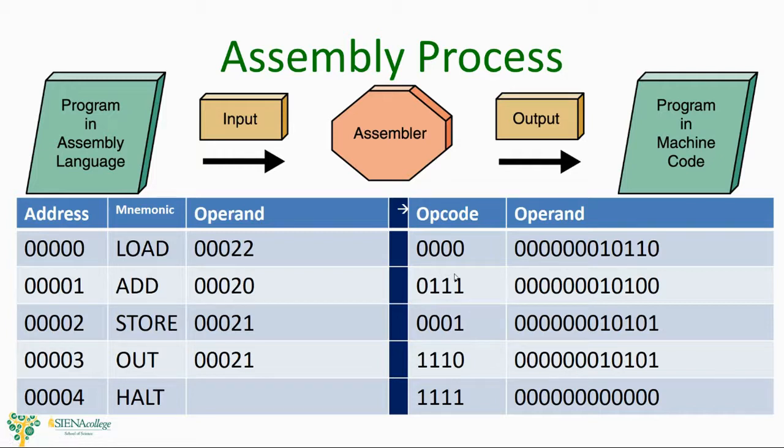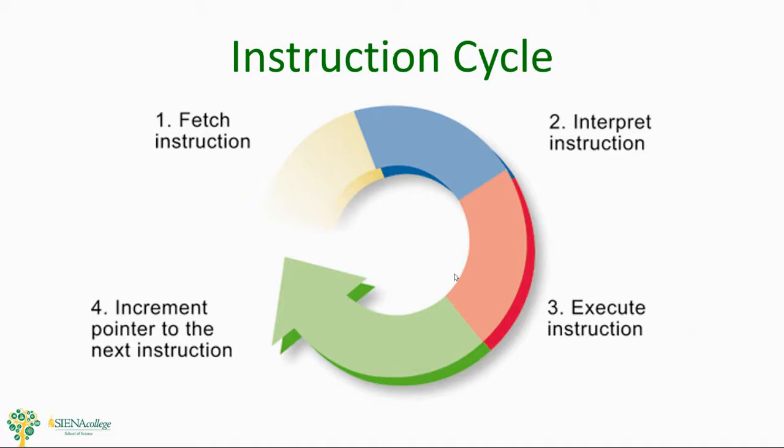So remember our 4 steps of the instruction cycle: fetch, decode, do it, and then move on to the next instruction. Well, we're going to apply that to our machine language program. And let's see how we can do that.